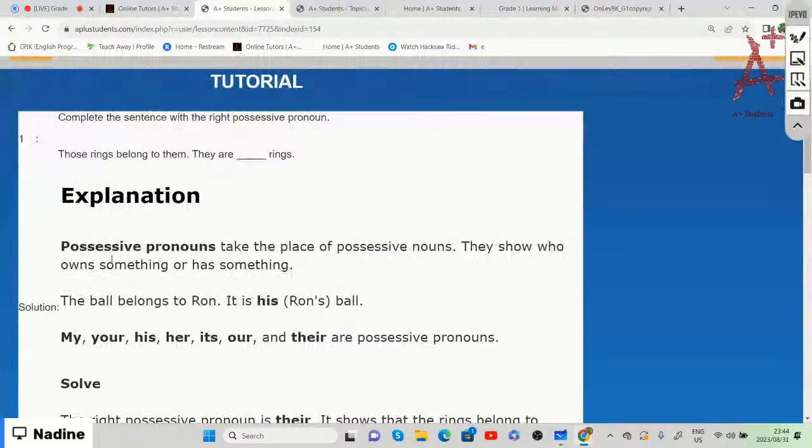They show who owns something, or who has something, right? And we already made mention of words like my, your, his, her, its, ours, and their, right? And those are a few possessive pronouns.